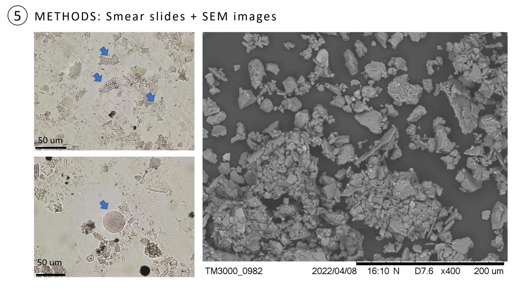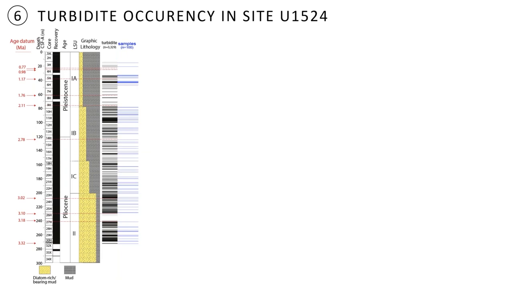Another thing that is important is that most of the biogenic material was, of course, diatoms. Most of them were centric diatoms. I'm not trying to be a micropaleontologist here, but just to have an idea of what we'd have in those turbidites. So the overall occurrence in 1524 is shown here in these black lines, showing the position of the different layers according to depth.